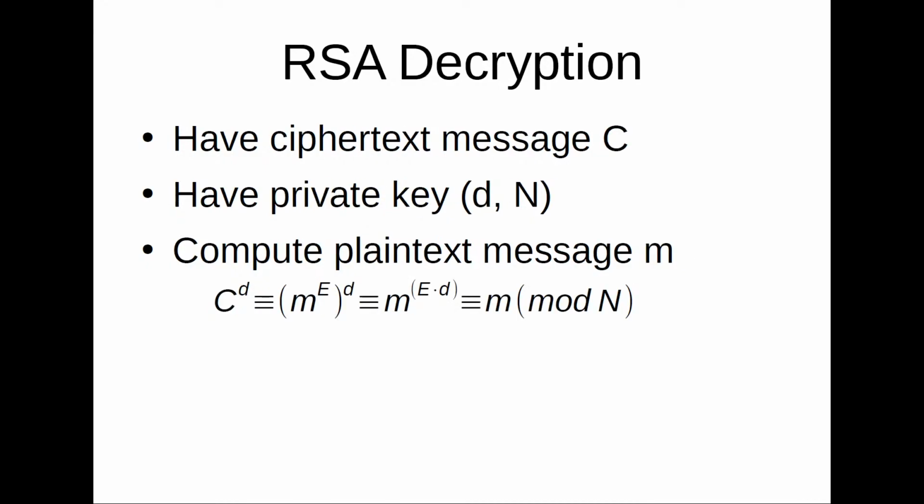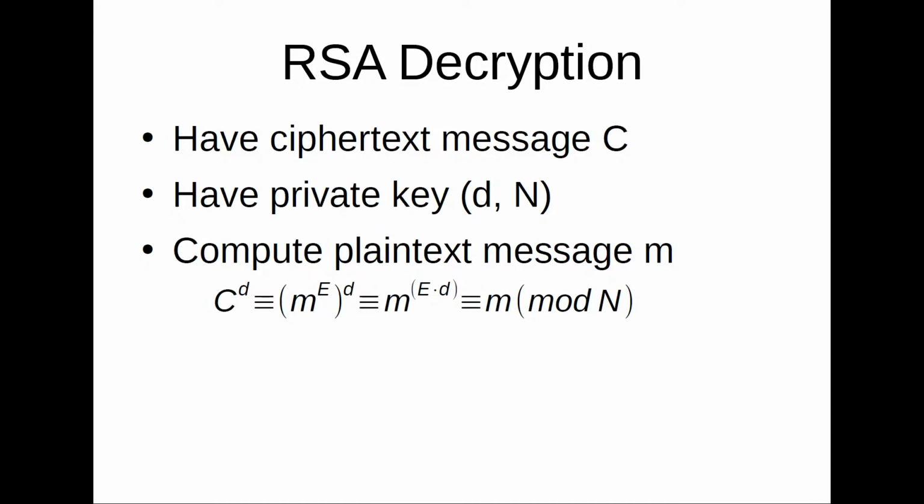To decrypt, you have the ciphertext message C, but you also have the private key, which contains the decryption exponent and the modulus. If you want to compute the plaintext message, you just take the ciphertext and you raise it to the decryption power.